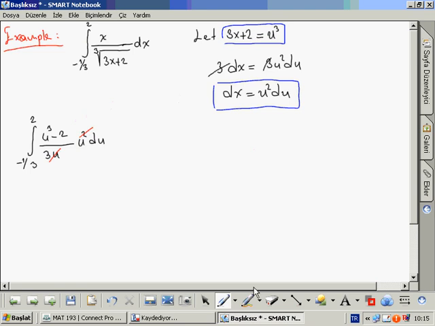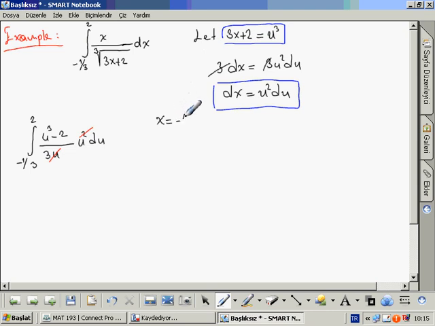After that, when x equals minus 1 over 3, let me change the endpoints of the integral, and the evaluation values will be changed.